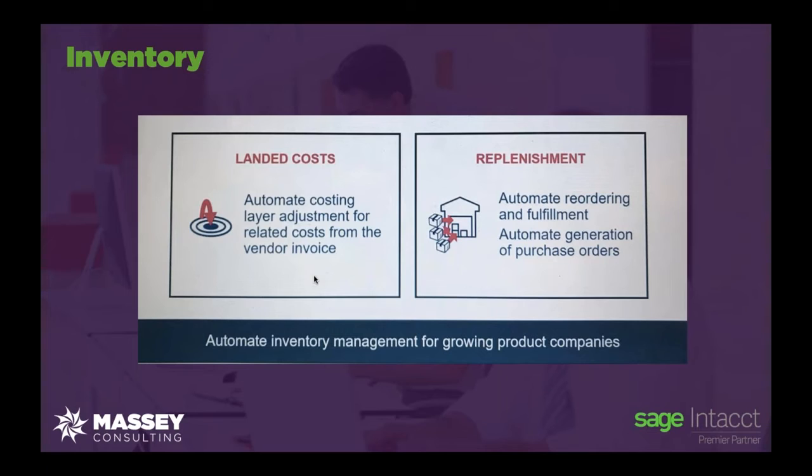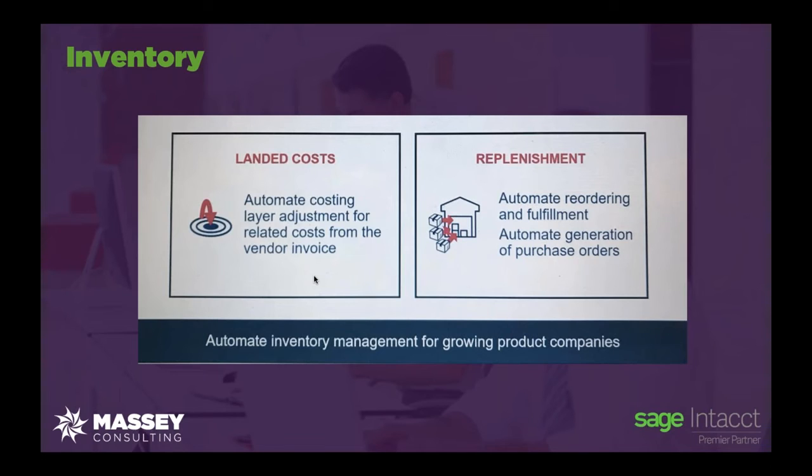If you buy a shipment of widgets from China, you will get an invoice for, of course, the shipment of widgets. You also then get an invoice or invoices for the transportation. So Sage Intacct now can go back and associate the costs of transportation back to the inventory items and give you that full burden cost of those items.